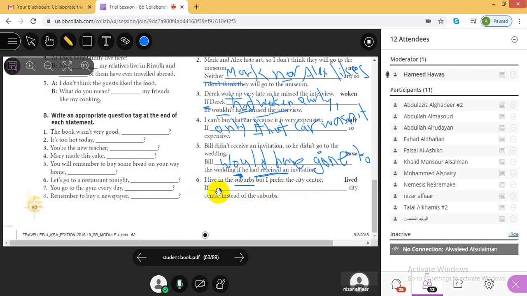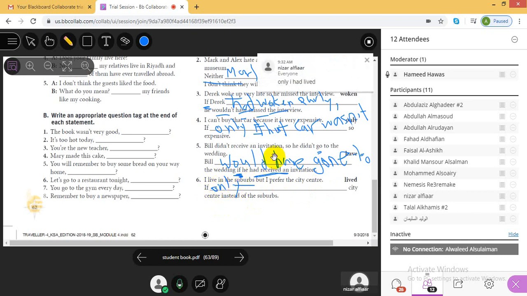I live in the suburbs, but I prefer the city center. Okay? So, I will use if what? If only. I am talking about a wish here. If only, like I wish, okay? Here, do I use after if only past simple or past perfect? He said here, I live now. Now, I live in the suburbs. If only I had lived, why, mister?